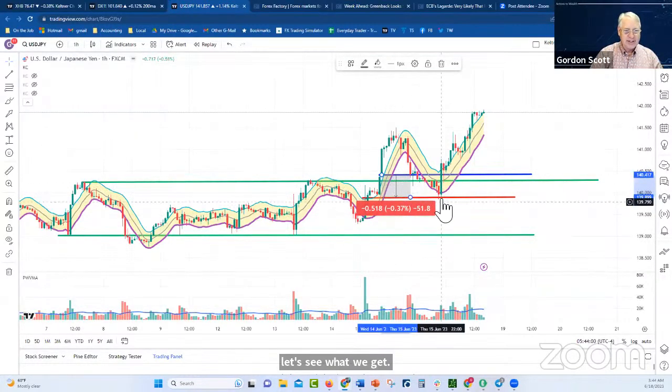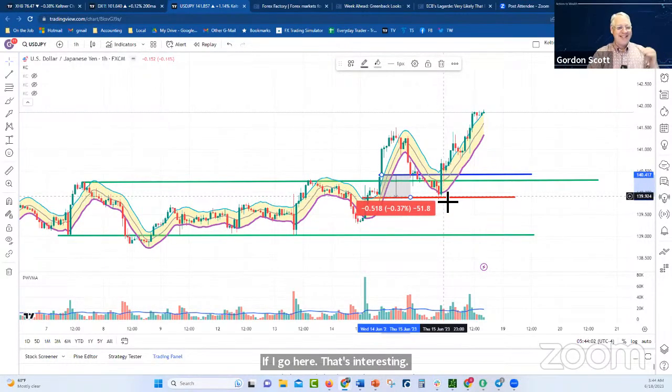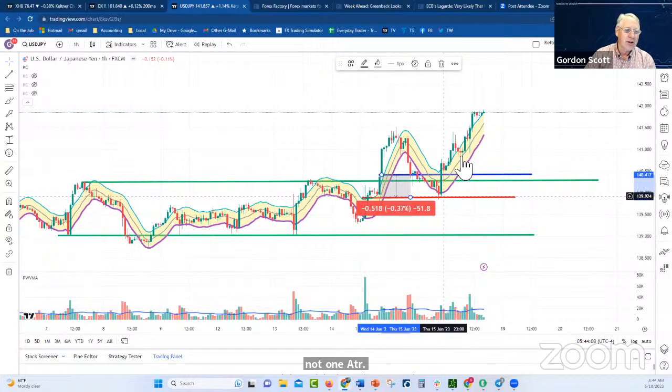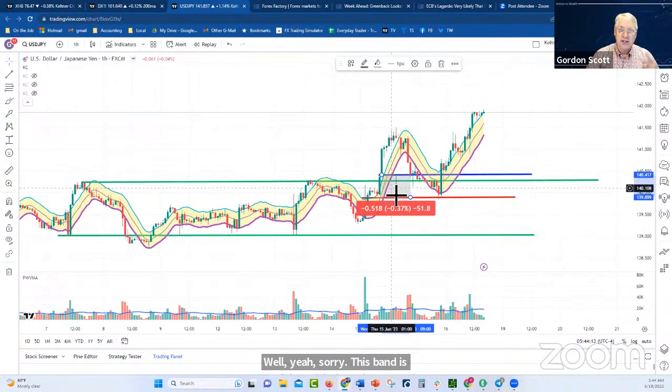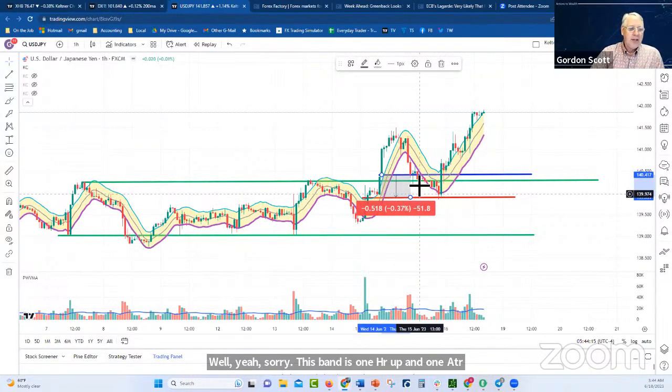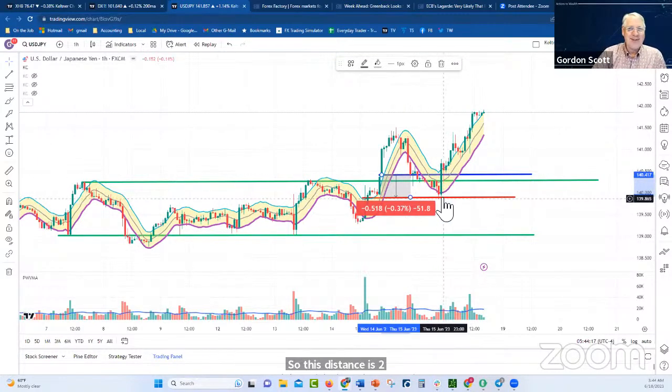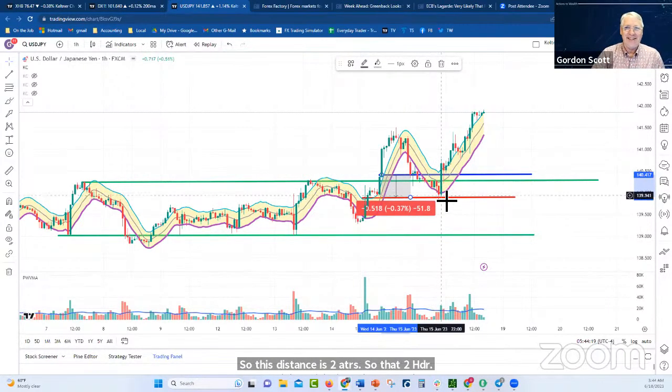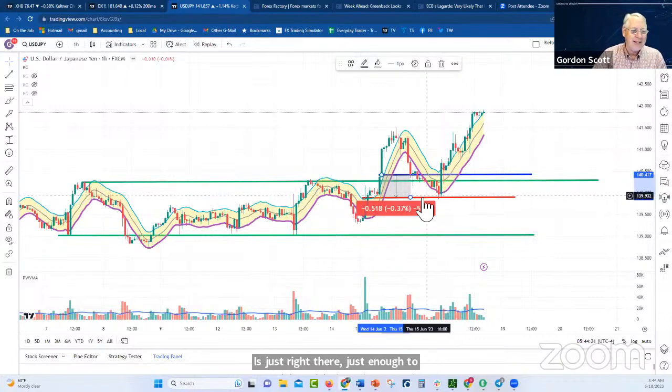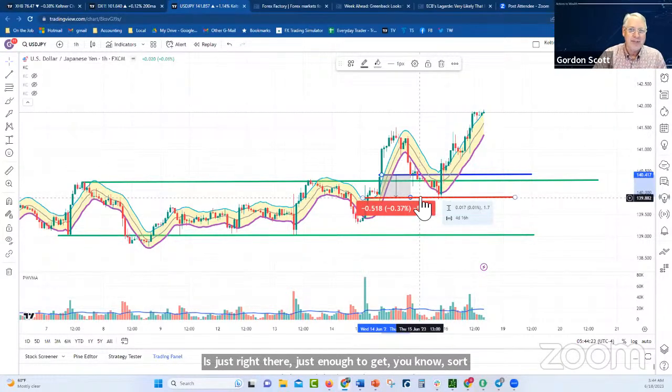So that's interesting. See, that's just that one ATR. Yeah, sorry, this band is 1 ATR up and 1 ATR down. So this distance is 2 ATRs. So that 2 ATR is just right there, just enough to get sort of nicked out in this kind of setup.